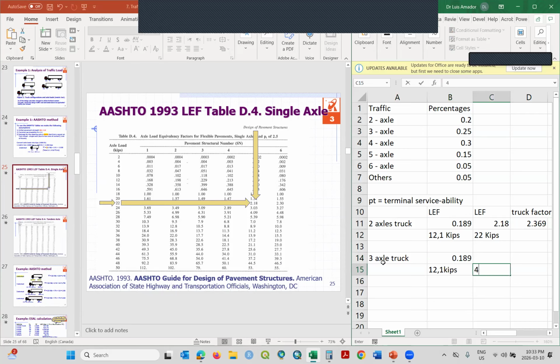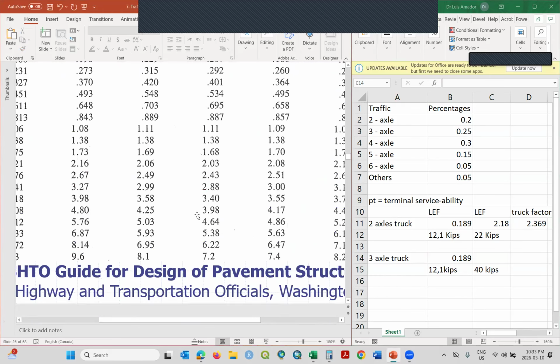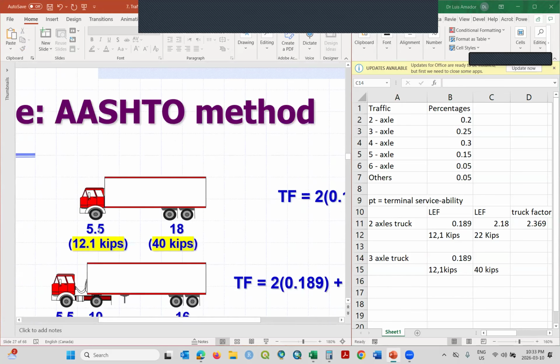And then it has 40 kips. You can see it here. This is my truck, okay? So it has 12,000 kips and 40,000 kips.